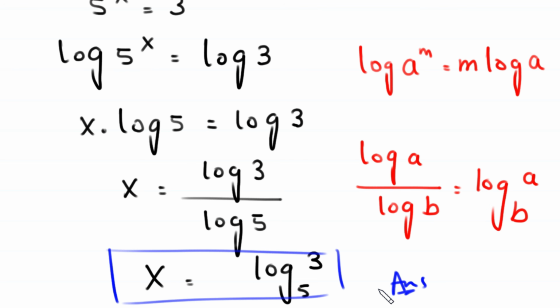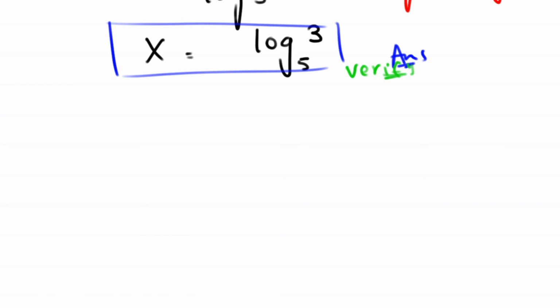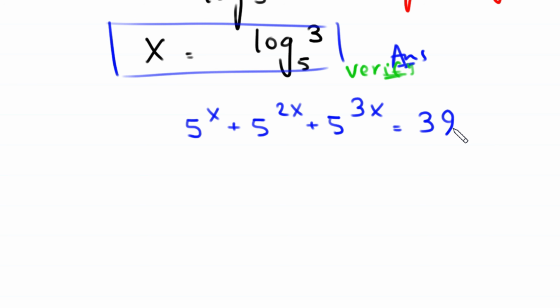Now let's verify this value of x by putting this value in the original equation. The original equation is 5 to the power x plus 5 to the power 2x plus 5 to the power 3x equal to 39.